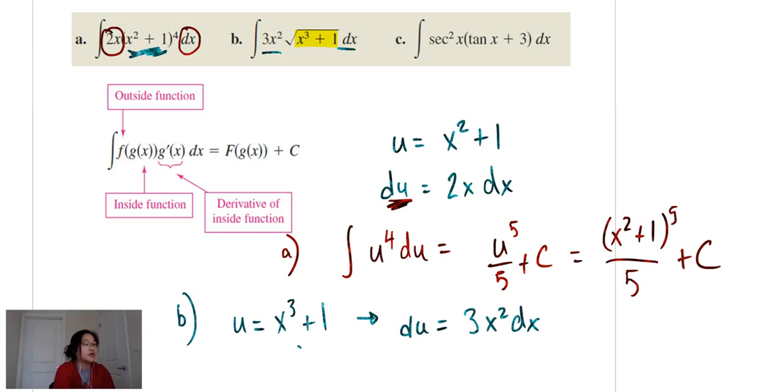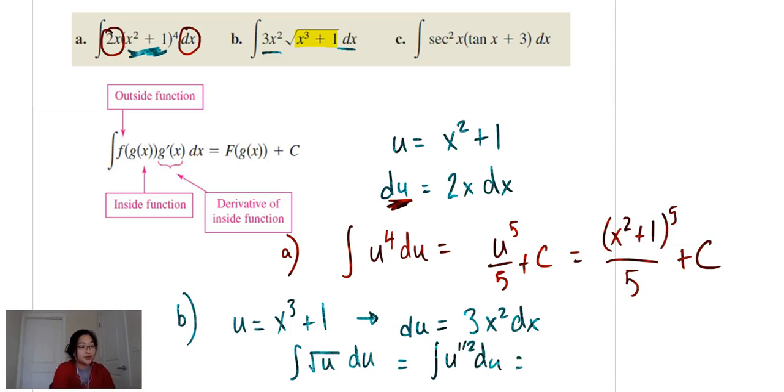Fantastic. So we have root u du, not x, du. And what is that? That's u to the 1/2 power.